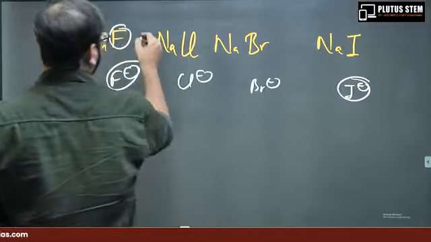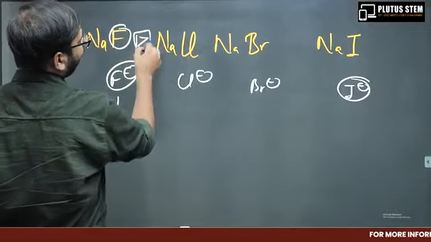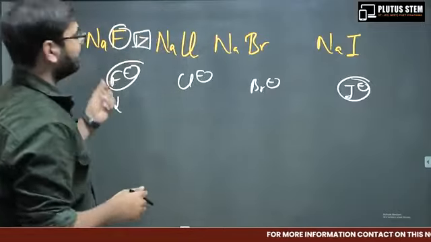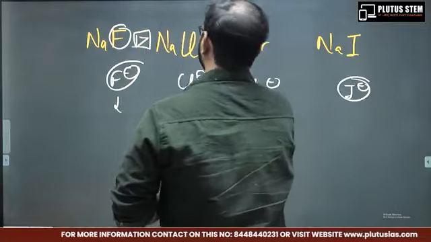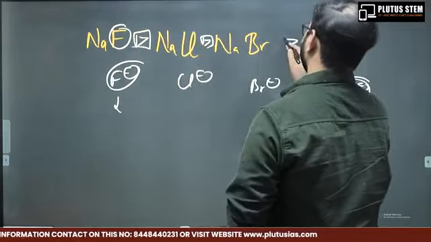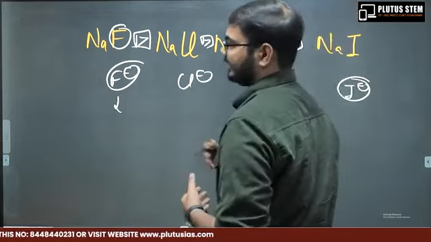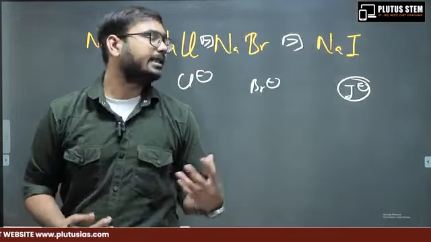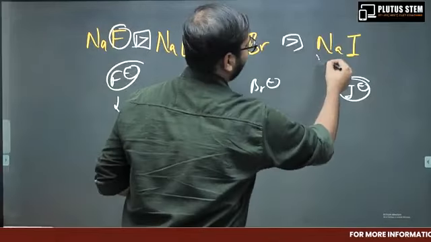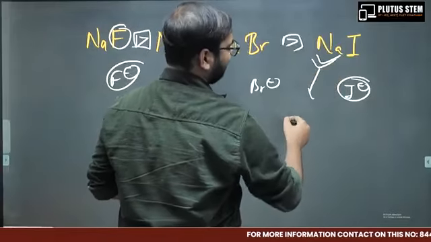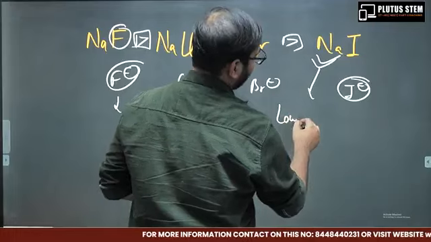So in this case, NaF will have a stronger covalent character. That means it will have the lowest solubility. And as you keep going from left to right, since the ion size is increasing, sodium can easily pull away the electron density from iodine. That's why it will have the highest solubility, because it will have the lowest covalent character.